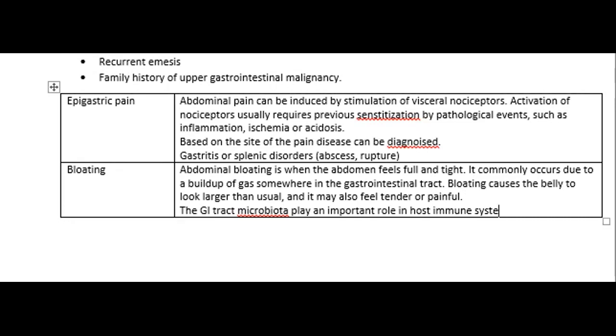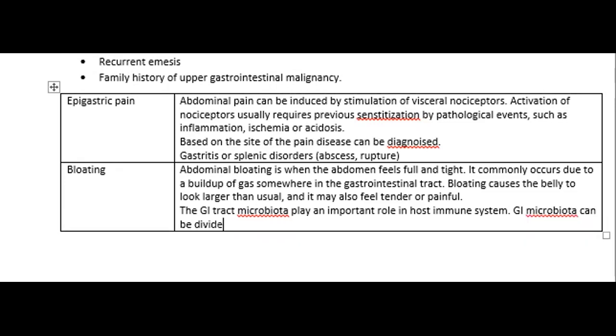This GI microbiota can be divided into two ecosystems: the luminal bacteria and the mucosa-associated bacteria.